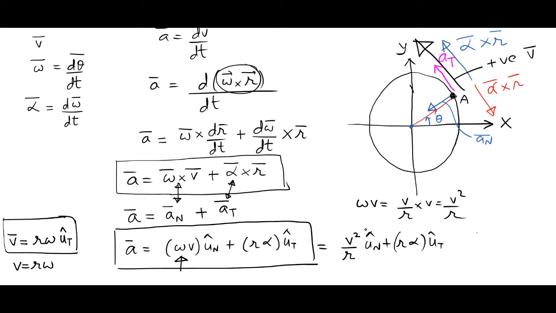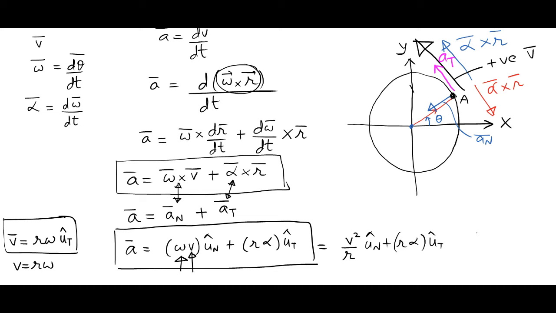That's one form. And the third form is when you replace v with r omega over here.